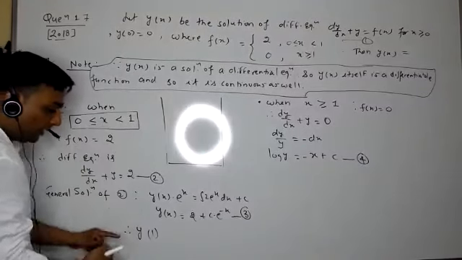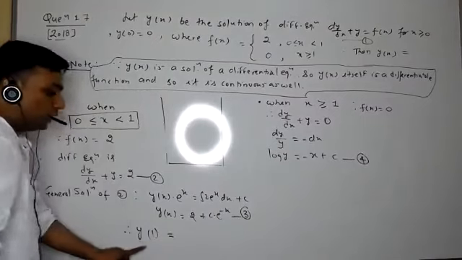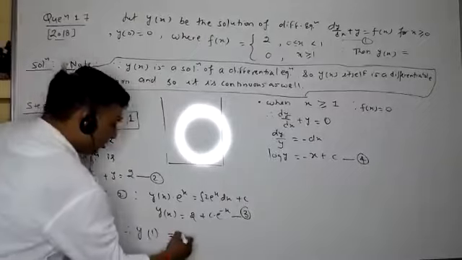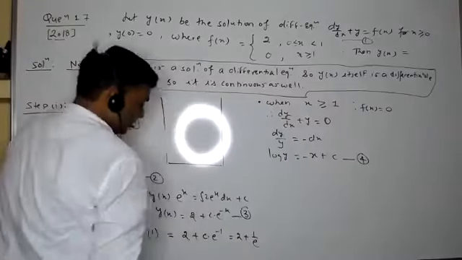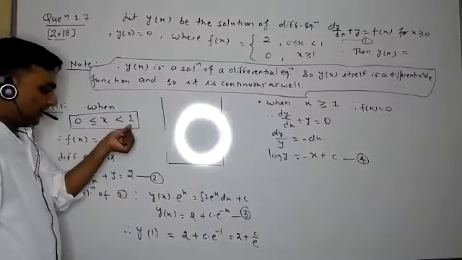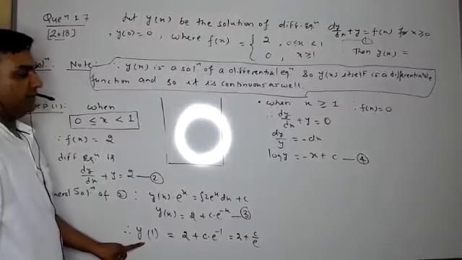Still I am trying to calculate y at 1, and yes, I can do this. Why? Tell me. Yes, sir. Why? It is not in the domain. Hmm? The part 1 is not in that domain. No, brother, the value of x equal to 1 is not here at all, still I am calculating y at 1 here. What is the reason behind that?